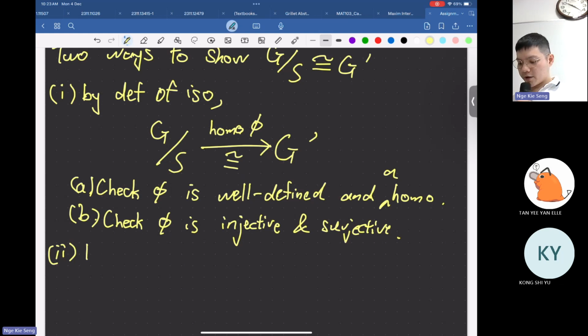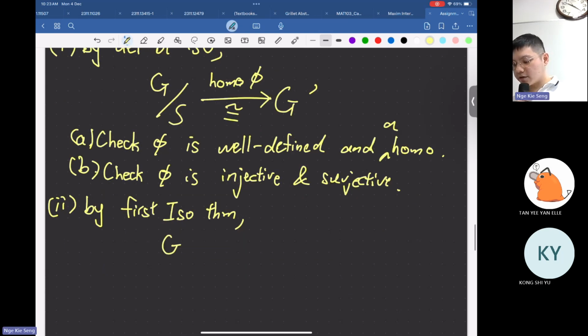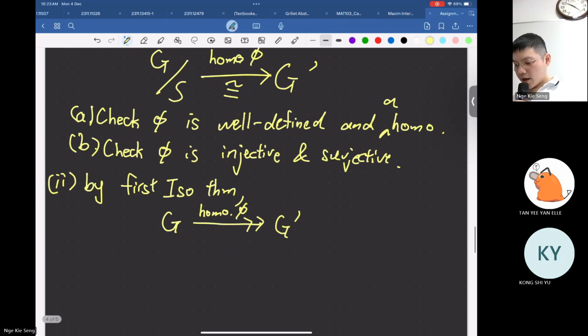Two, we can use the first isomorphism theorem. How to use the first isomorphism theorem? You need to build a surjective map from G to G prime. First check phi is a homomorphism.